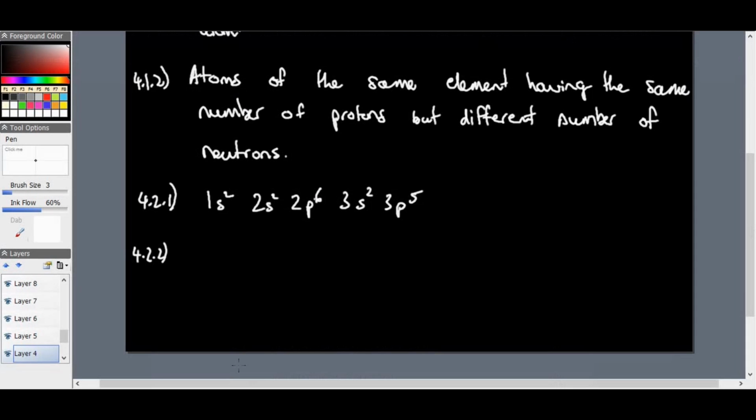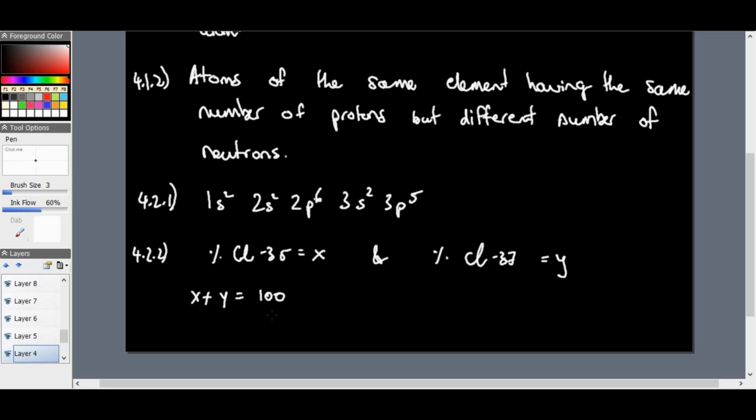So let's say the percentage of chlorine-35 is equal to X, and percentage of chlorine-37 is equal to Y. Now, obviously the percentages must both equal 100. So X plus Y must give me 100.